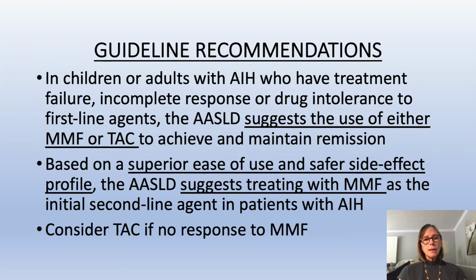Now, based on the superior ease of use and safer side effect profile of MMF, the AASLD suggests first trialing or treating with MMF as the initial second-line agent in patients with autoimmune hepatitis. And if you don't get a response to MMF, then consider the use of tacrolimus.